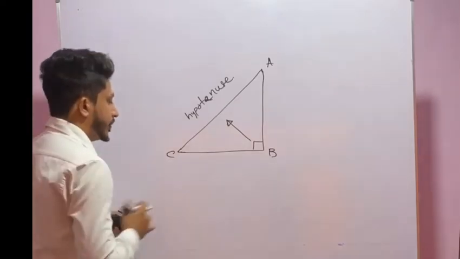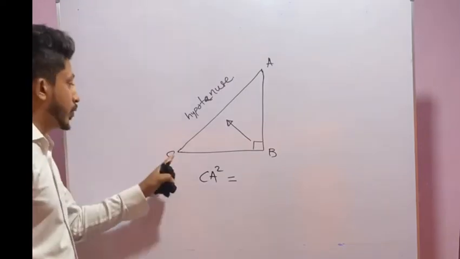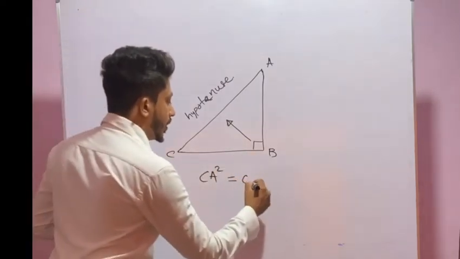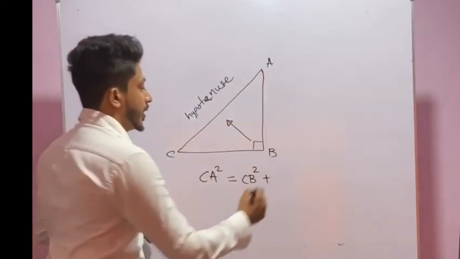CA square equals CB square plus BA square.